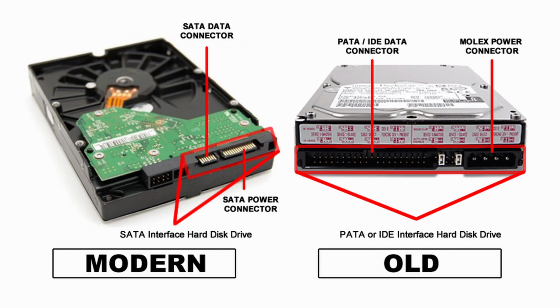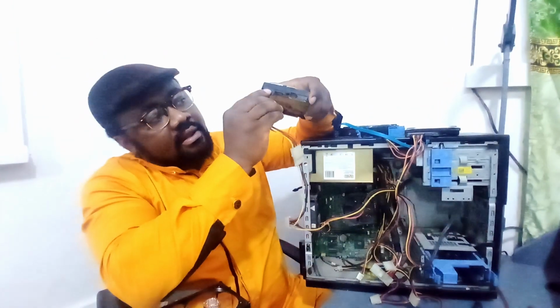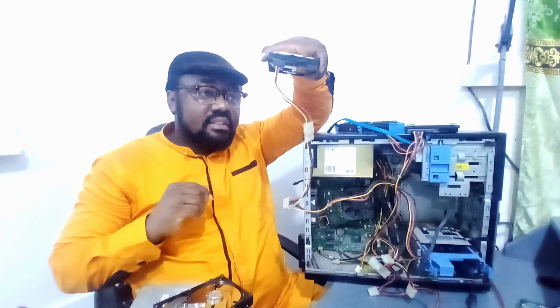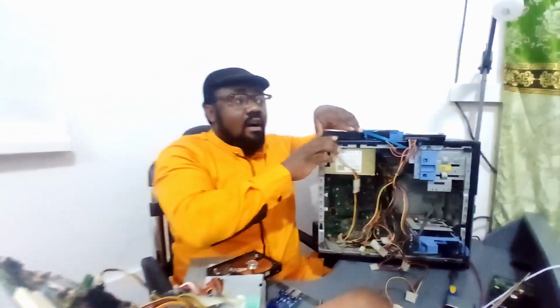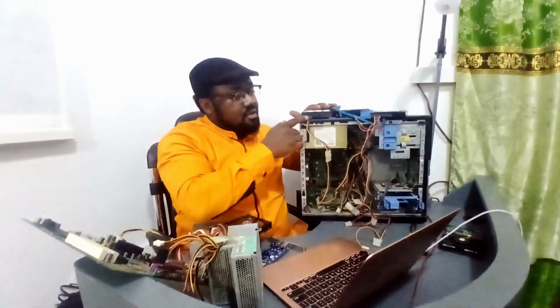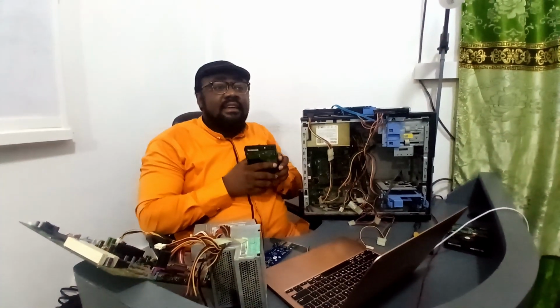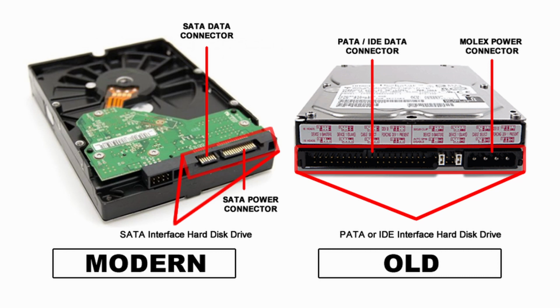So I need to use a SATA connector to give it power. Did it work? Yes. So all the SATA hard drives use a SATA power connector. But the older hard drive was called PATA, not SATA. This one uses parallel advanced technology attachment.